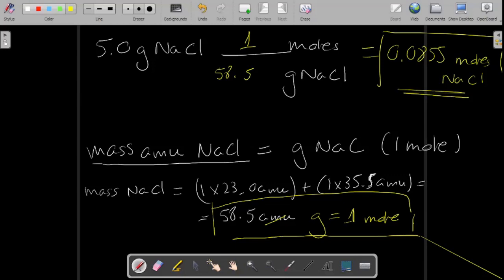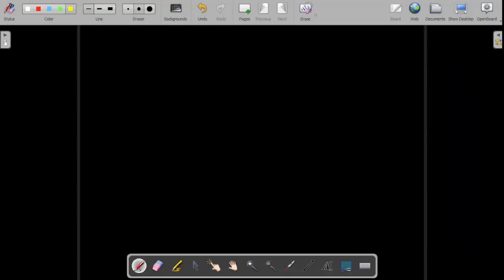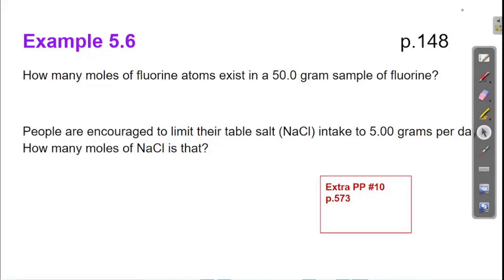Now, you try this. Number 10. You can find number 10 on page 573 in your textbook. I'm going to give you the answer, and if you get it right, move on. The question says they want to know the moles. They give you the molecule, and you have 125 grams in the sample.